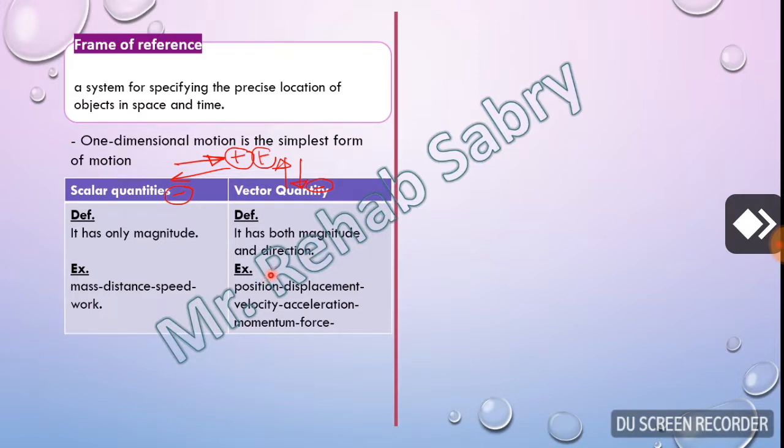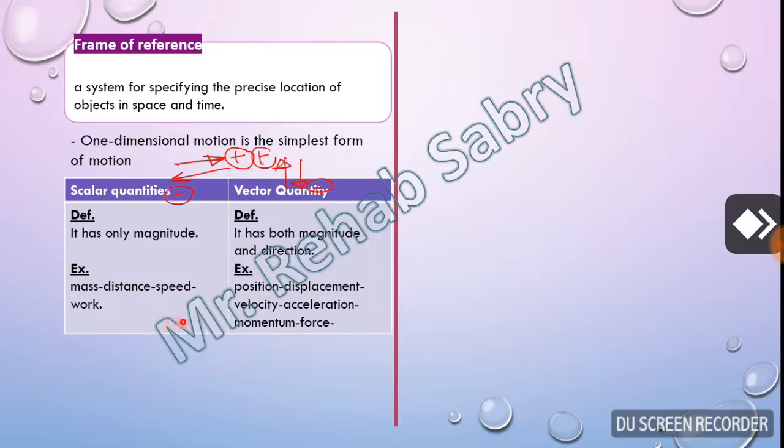But now the question is, if we add a scalar to a scalar, the result is called the sum. For example, 3 plus 4, the result is 7. So it's a sum. We have no problem with such a method.